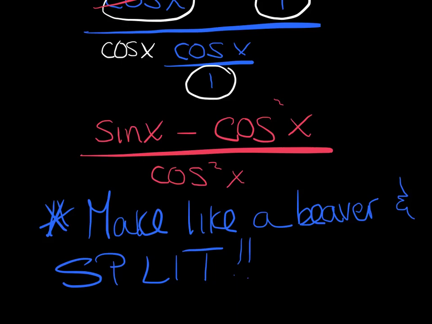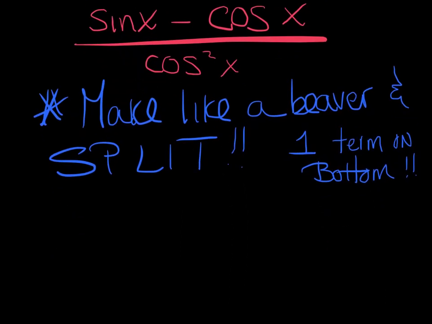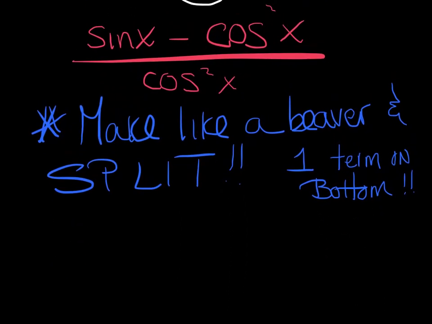Okay, now this is special. You can only make like a beaver and split when there is one term on the bottom. Okay, it only works if there's one term on the bottom. And now what do I mean by make like a beaver and split? Well, when you're dividing, you're actually dividing everybody you see.